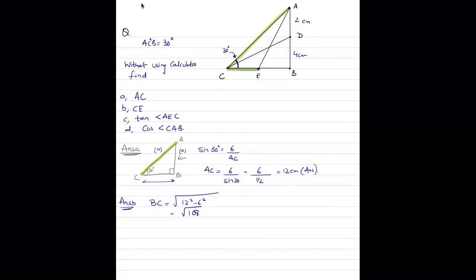Then to find the length of CE, what is going to be the length of CE? I'll have to find the length of BE.